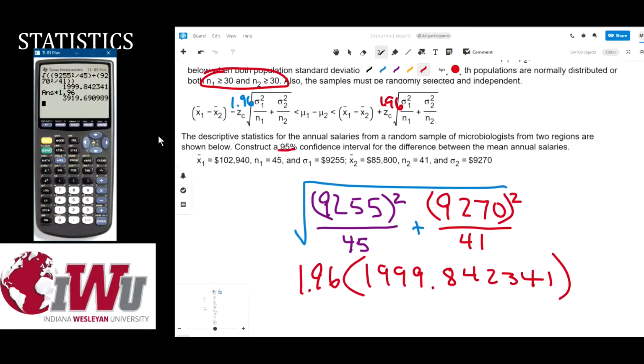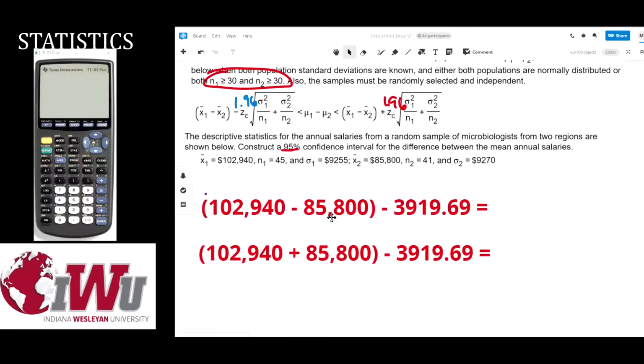All right, so let's clean this up. I'm going to write that number down and let's put this in that formula. I would type it out a little nicer so my handwriting wasn't too distracting. But what we have here is this x1 minus x2 right there. So that's where those values came from.